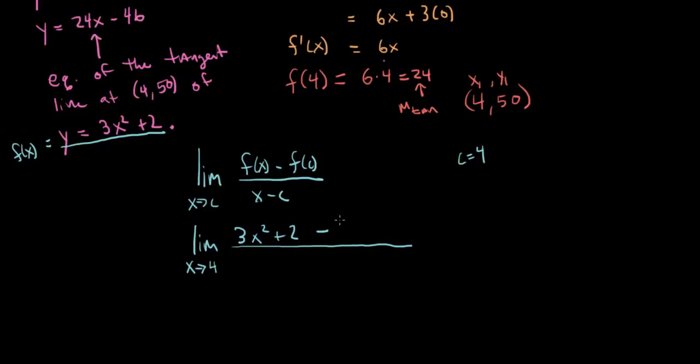Well, I'll just write it out in parentheses. That is 3 times 4 squared plus 2 over x minus c, so x minus 4. Okay, let's do a little simplification. We have the limit as x approaches 4.